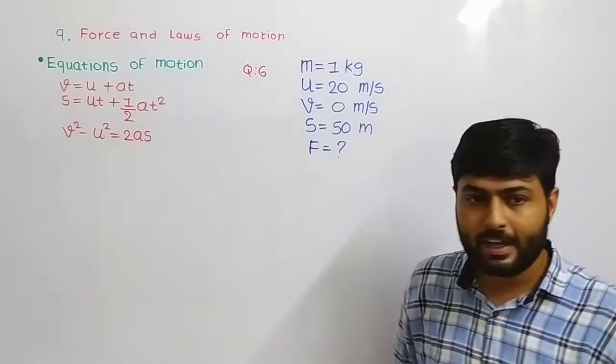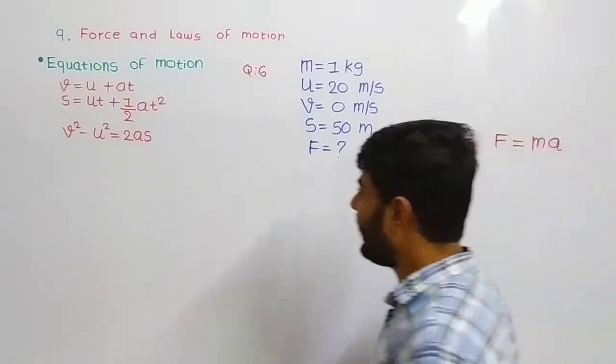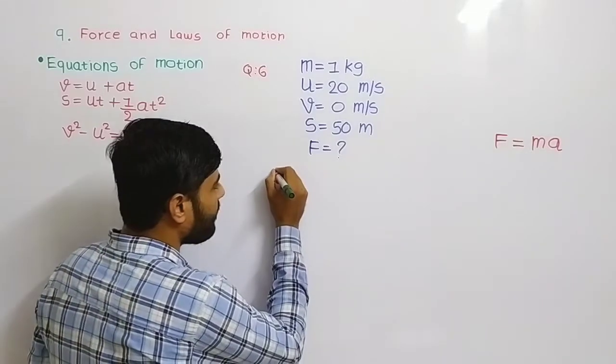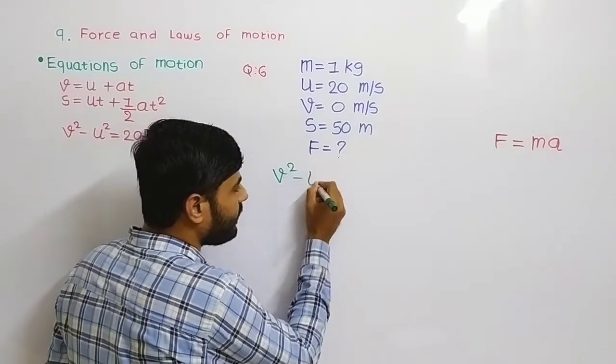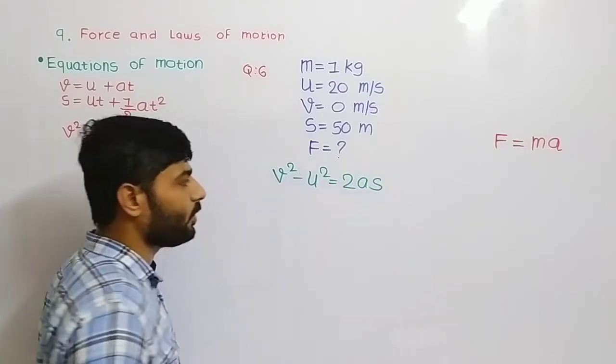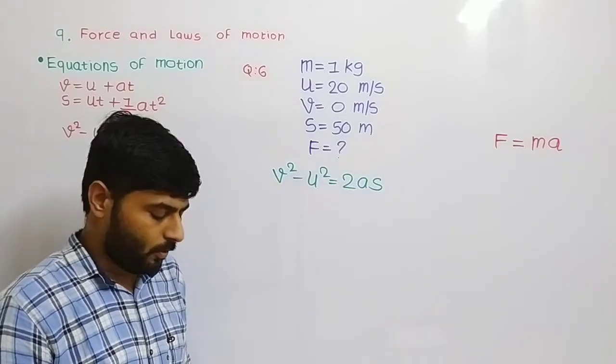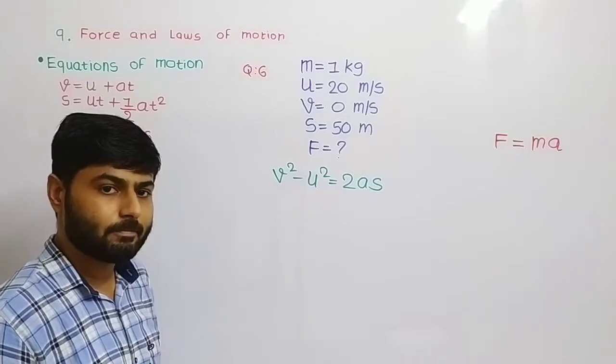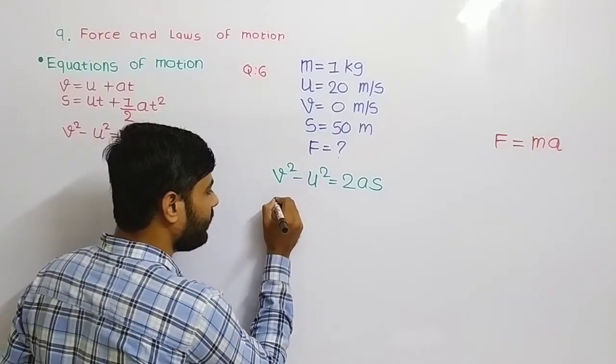I put this formula here: v square minus u square is equal to 2as. What is the final velocity? Final velocity is 0.